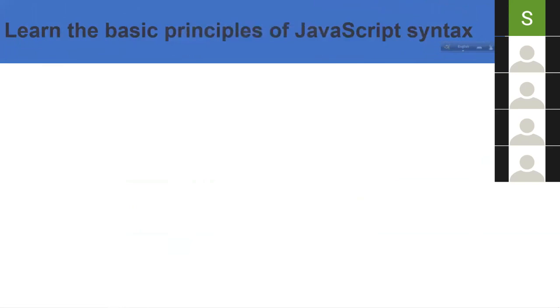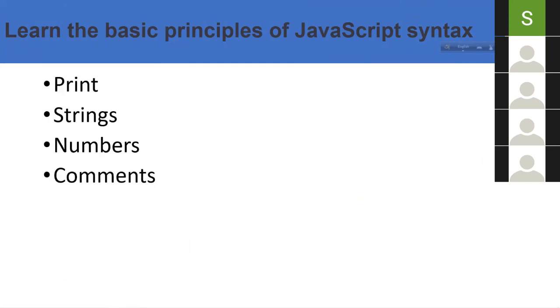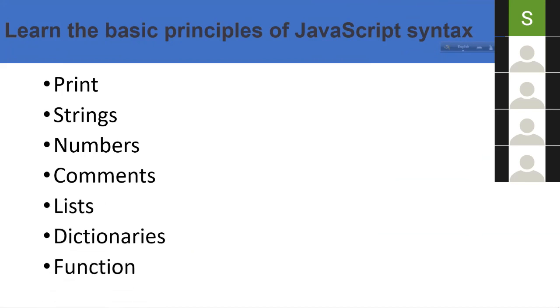Then learn the basic principles of JavaScript syntax. Here I mainly use print, strings, numbers, comments, lists, dictionaries, and functions, and how you can use all of these in your JavaScript syntax in your API. So let's go to our main code editor.